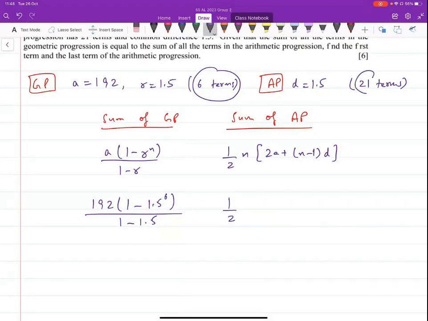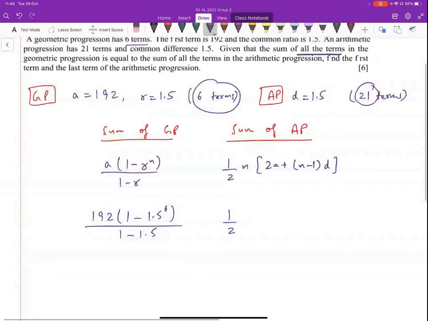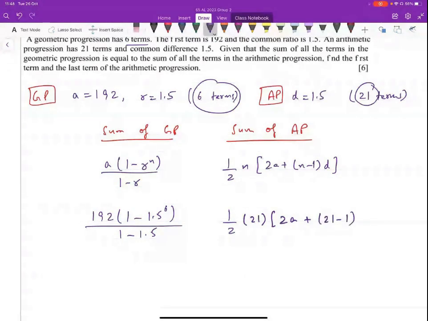The number of terms here is 21. Remember, we're talking about all the terms: the sum of all the terms in the GP and the sum of all the terms in the AP. So all the terms in the AP, how many are there? There are 21 terms. So we've got half into 21 multiplied by 2 into the first term, which is not given, plus n, which is again 21 terms in total, minus 1 times the difference. The difference is given, that's 1.5.